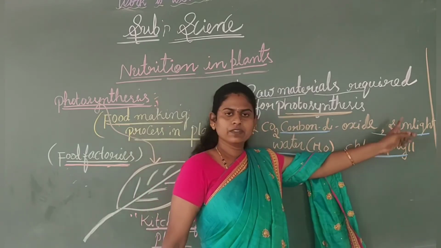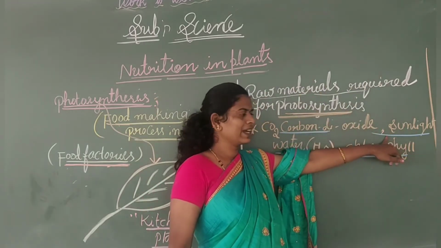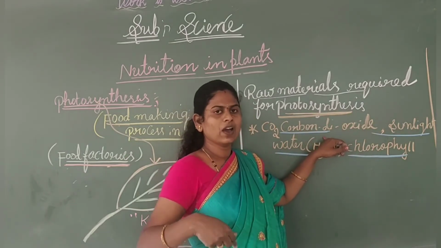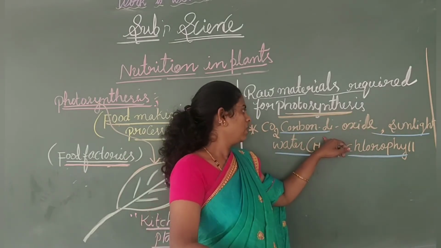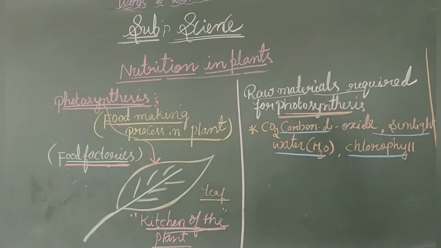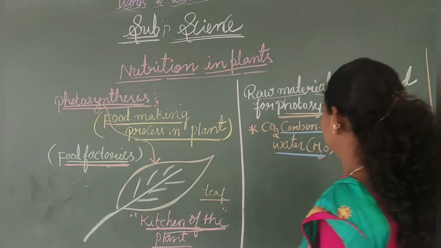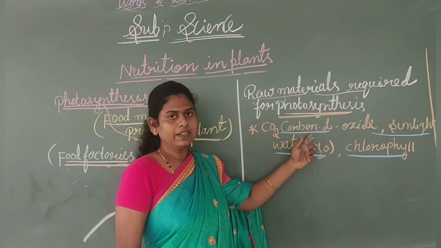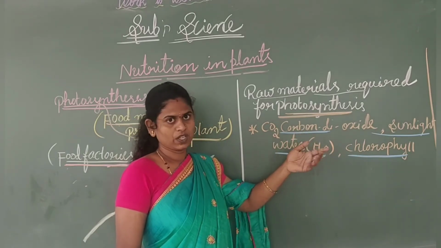Sunlight, they will get through the atmosphere from the sun. Carbon dioxide is released by the organisms including us.